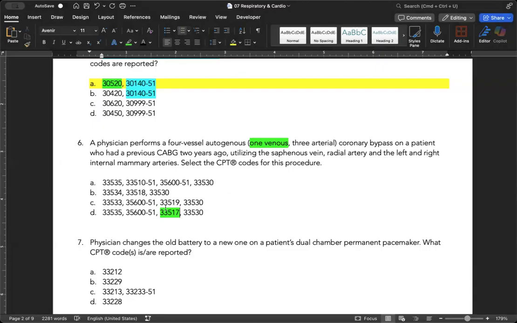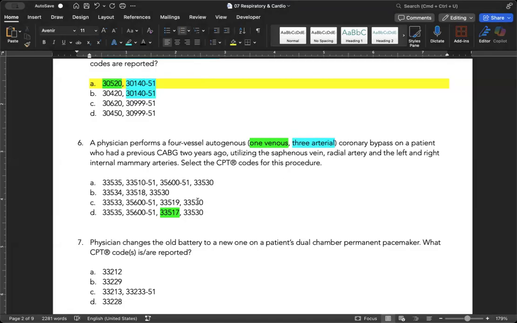So if we were testing, we've already got our answer because nothing else has a 33517, right? So if we're doing process of elimination, we've got our answer. But for the sake of going through and doing it so we can make sure, because CABGs are kind of difficult, let's go look at our arterial component, right?